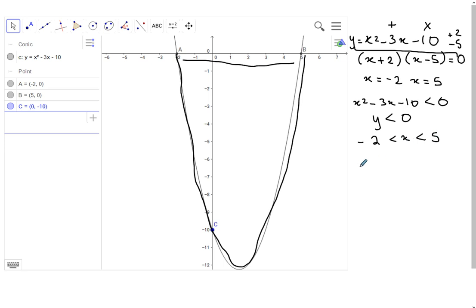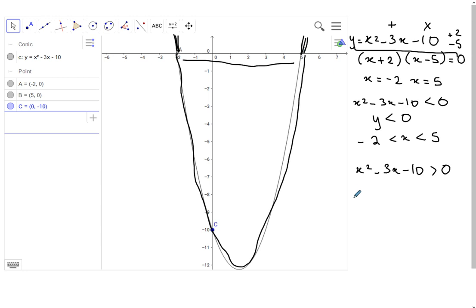Okay, if we had to solve x squared minus 3x minus 10 is greater than 0, then we can tell we're looking for the values of x above the x-intercept.